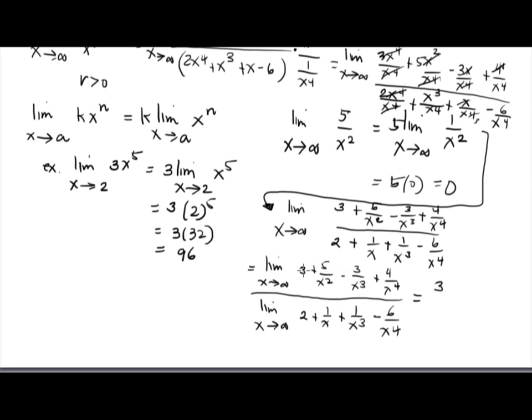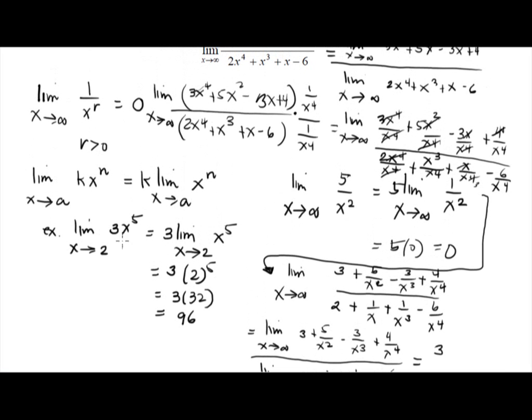Now, after you get the limit of 3, you have to get the limit of 5 over x squared. Remember, I had an example a while ago that if you have the limit as x approaches infinity of 5 over x squared, you can put the 5 outside and then get the limit of 1 over x squared. It will turn out that the limit of 1 over x to any exponent will become 0.